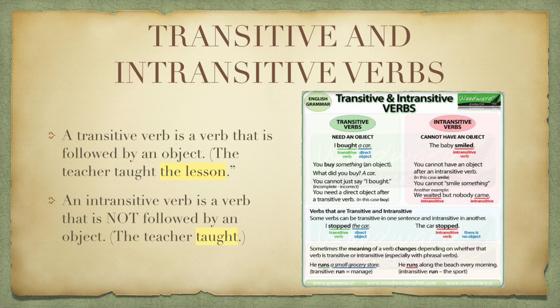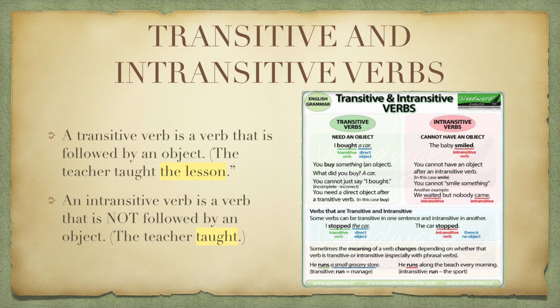The last set of verbs that we are going to talk about are the transitive and intransitive verbs. A transitive verb is a verb that is followed by an object. For example, the teacher taught the lesson. The lesson in this sentence will be the object.